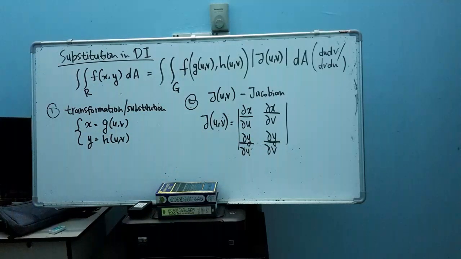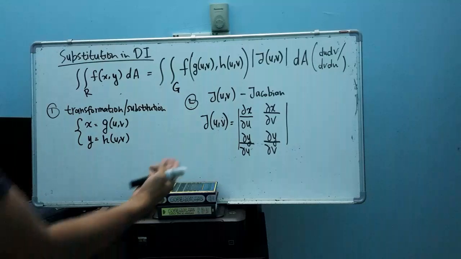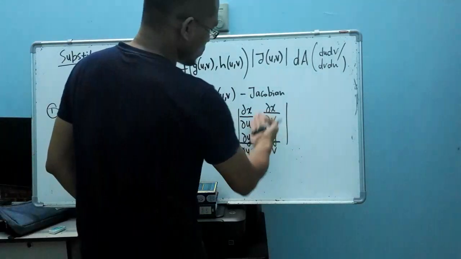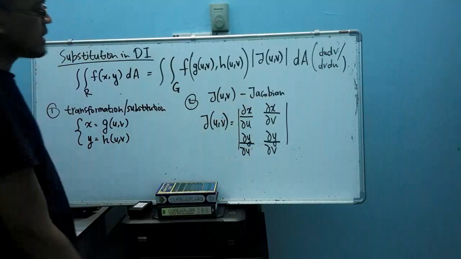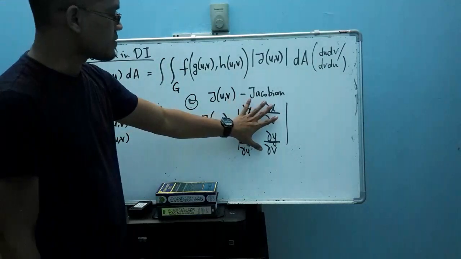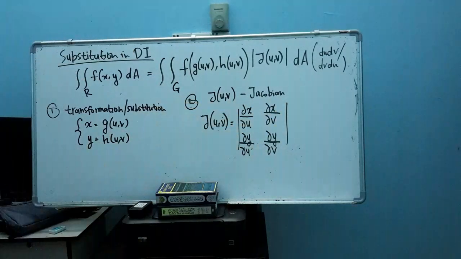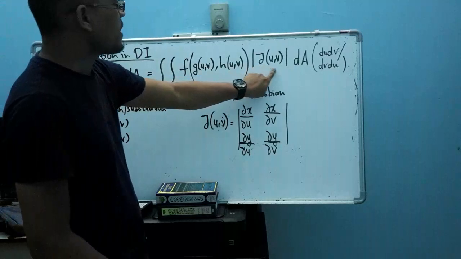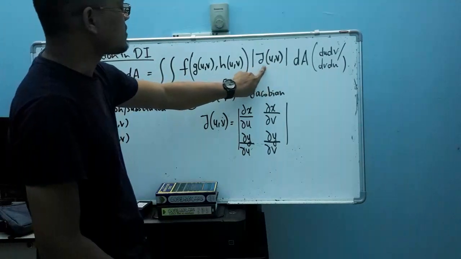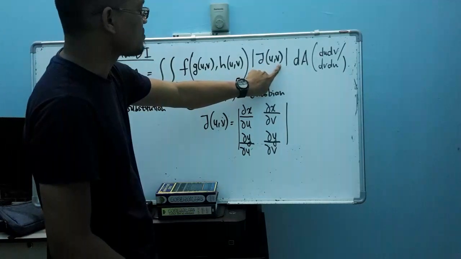After you find these elements, you can just calculate the determinant. I hope you still remember how to calculate the determinant of this matrix; you can recall the subject of linear algebra. So this part is the Jacobian.